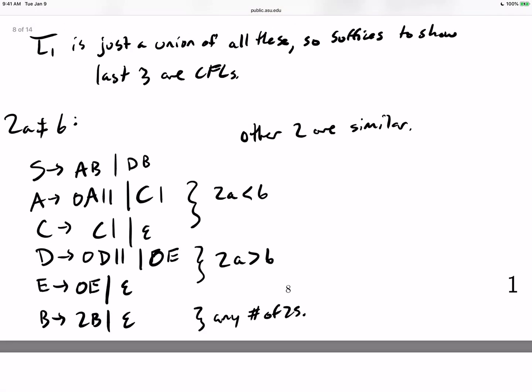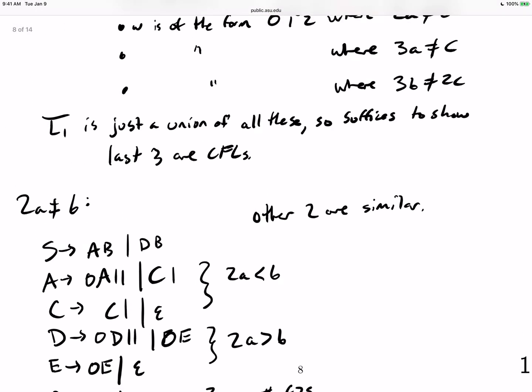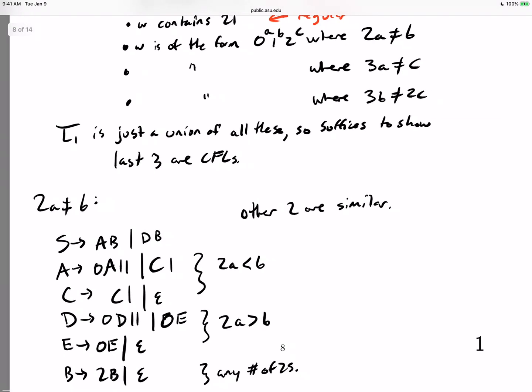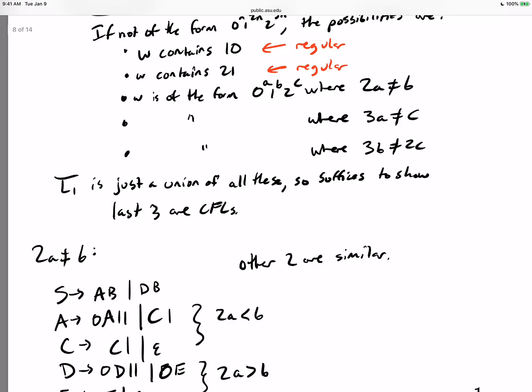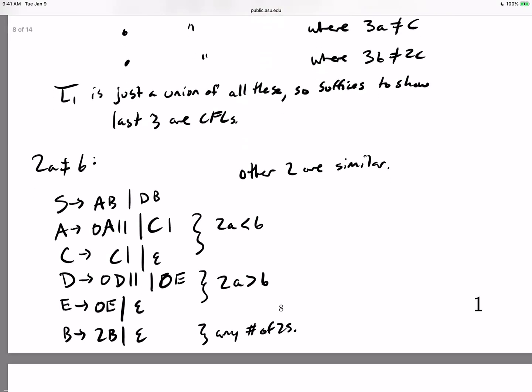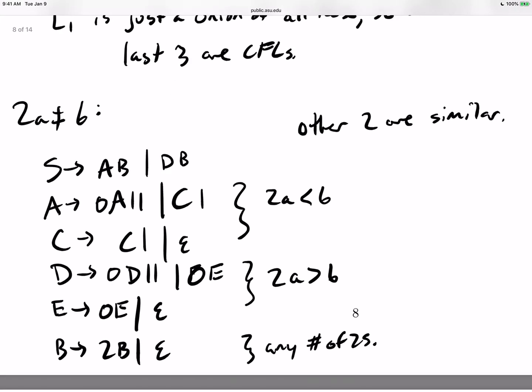I give you an example here of the 2a not equal to b case. I'm sure you can figure out the 3a not equal to c and 3b not equal to 2c examples. So how did I do this? Well, if 2a is not equal to b, then it's either bigger than b or less than b. Is that controversial? If it's not equal to something, it's bigger than it or less than it.